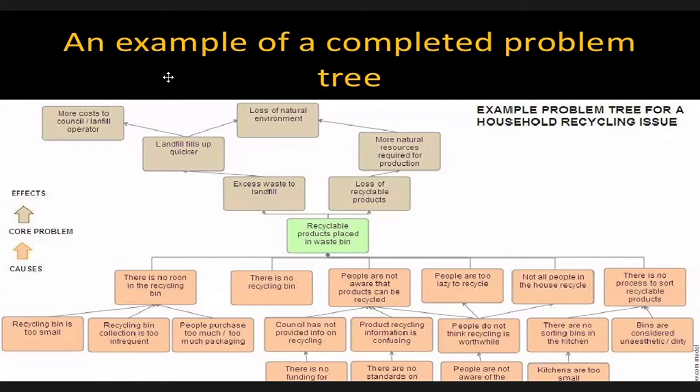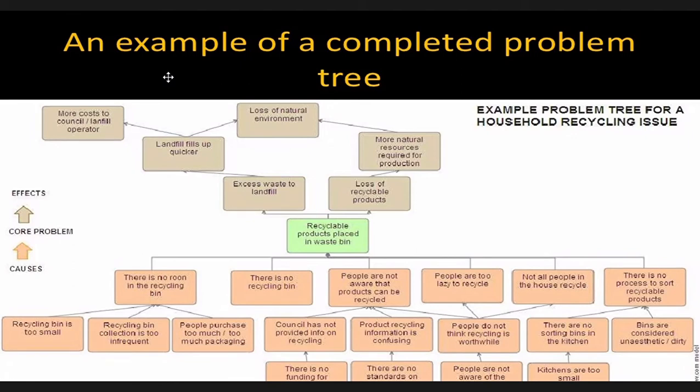Okay, one is there is no room in the recycling bin because maybe it's full already. Another is there is no recycling bin. They want that to be placed in the recycling bin, but there is no recycling bin available. Another is people are not aware that products can be recycled, or people are too lazy to recycle.